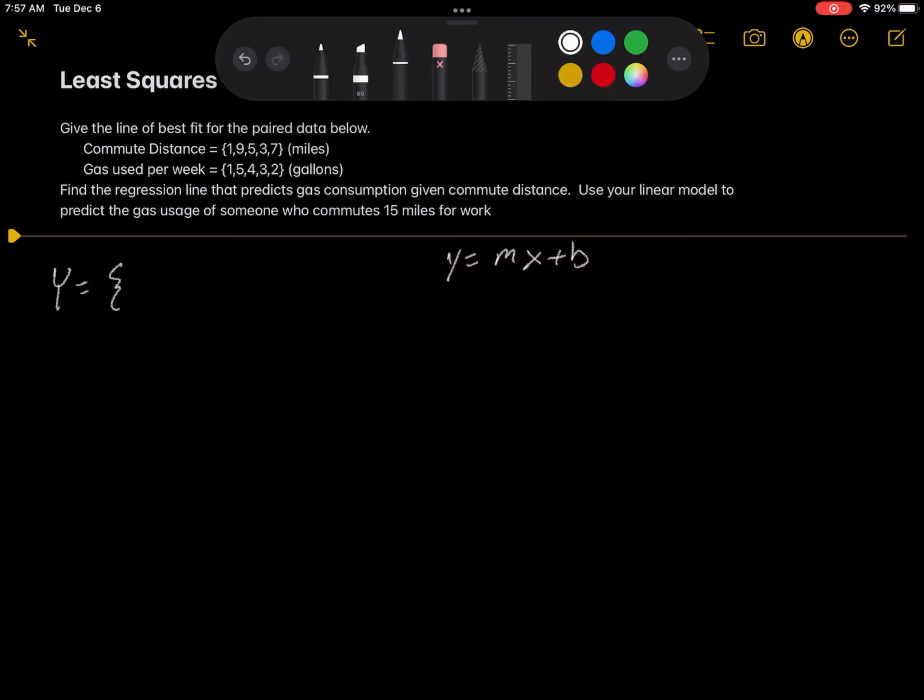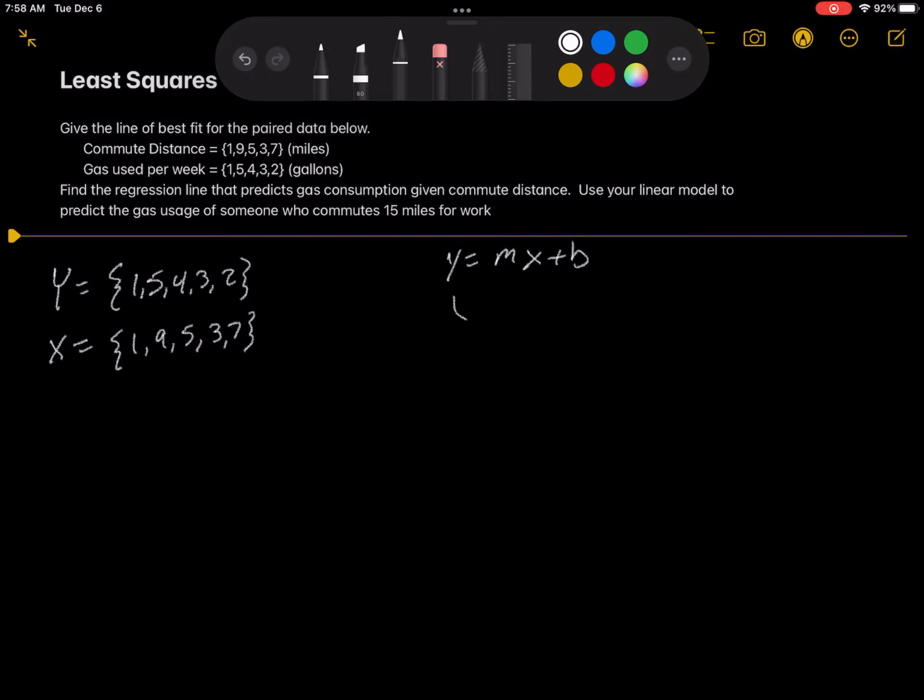I want to feed it an X value, and then I want this equation to return a Y value. So I want these Y values to be the gas consumption because that's what I want my regression line to predict for me. So my Y values, my output of the function, should be gas. So I have 1, 5, 4, 3, and 2. And the corresponding paired data, the x's, what I'm going to feed into the function, will be the commute distances. So 1, 9, 5, 3, and 7.